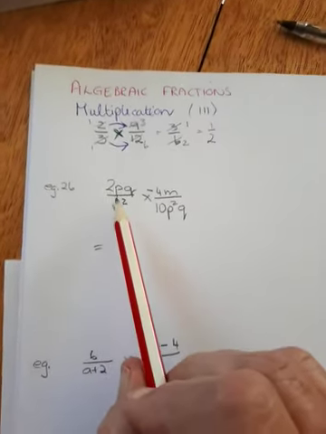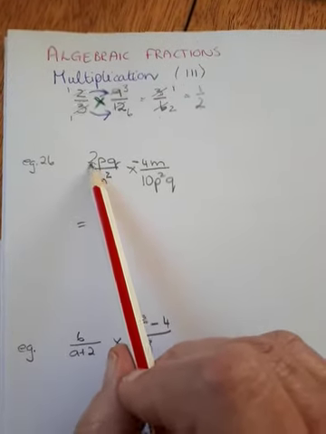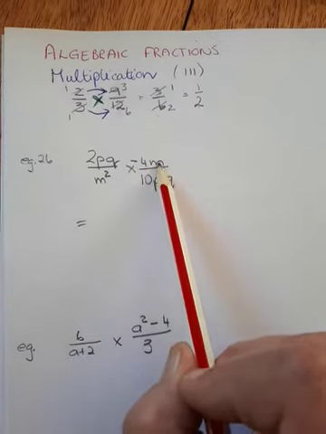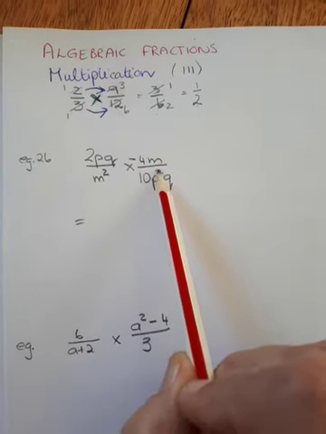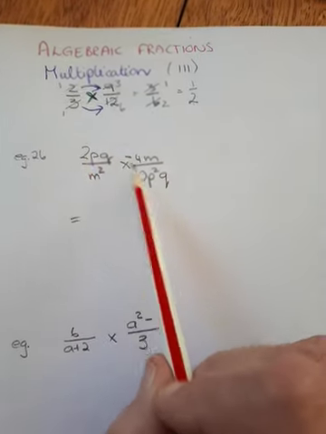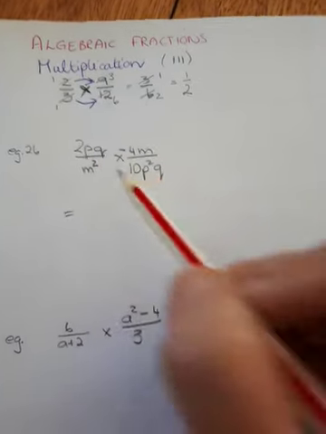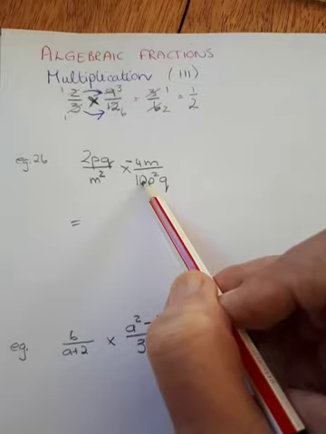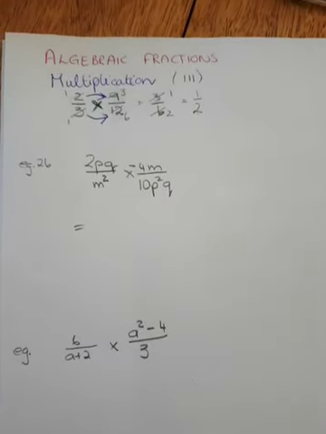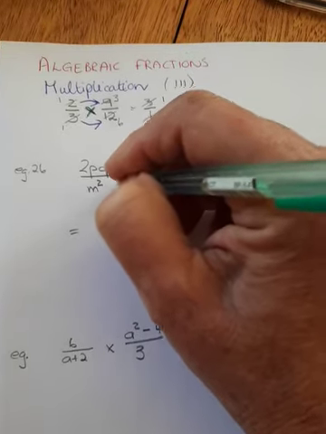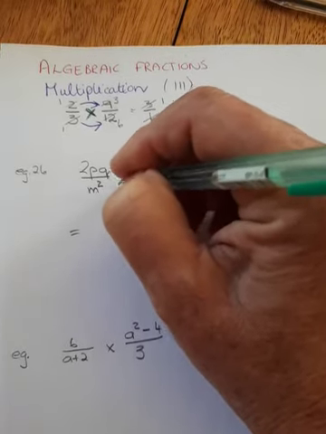So if we look at this example, then we see 2pq over m squared times negative 4m over 10p squared q. So already we can see that there are common factors. So the 2 and the 10 can be cancelled, right? This again, importantly, is a multiplication.